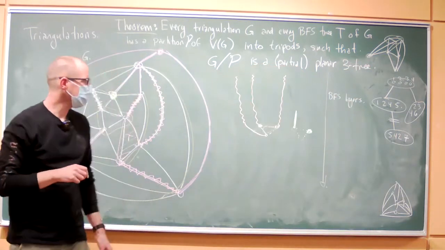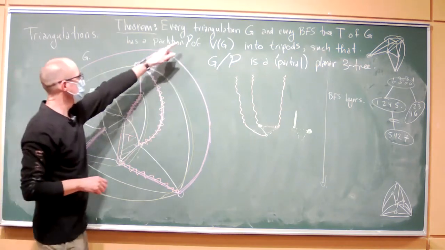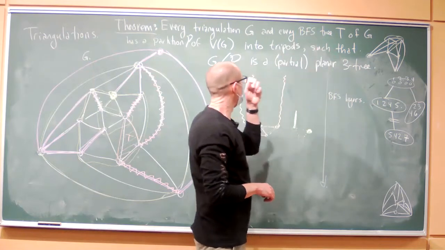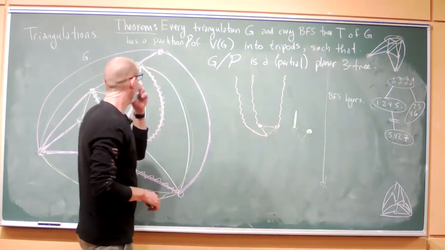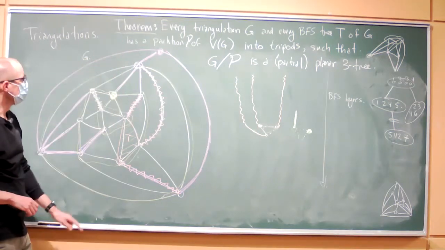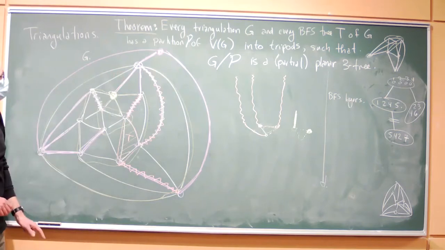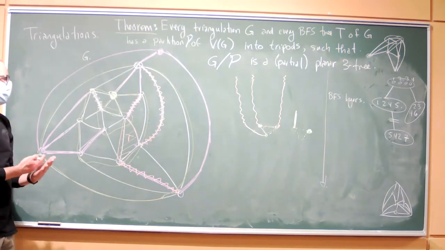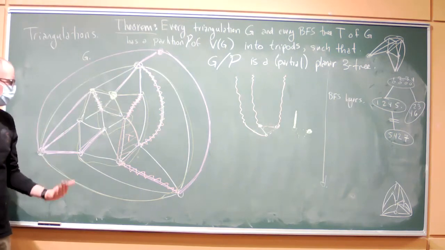Okay. All right. So triangulation G, we know what that is. BFS tree, we know what that is. So you give me a triangulation, you give me a BFS tree. And this theorem is telling you that I will be able to find a partition of the vertices of G. So partition, remember, means split the set up into sets that don't overlap, but that completely cover it.